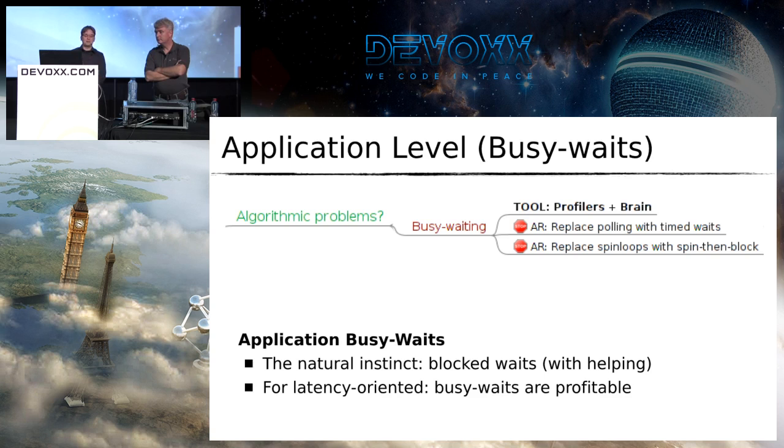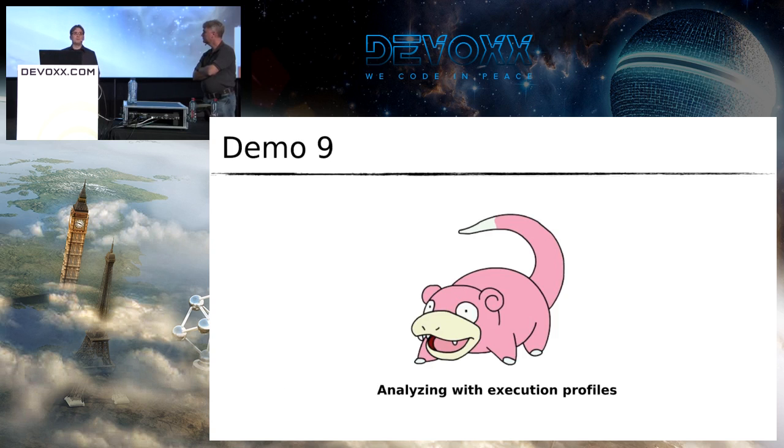And the bad part about this kind of problem is that it pops out in your production environment, and you don't really see that in your development environment because your system is probably smaller. So your natural instinct, if you're not oriented for very low latency, is blocking. If you're latency oriented, you should be 100% sure that the busy wait is actually profitable and not burning the cycles.